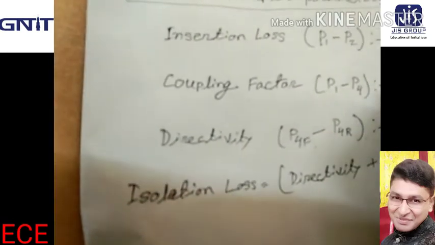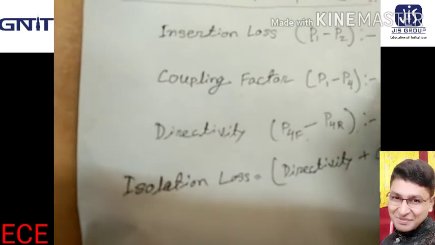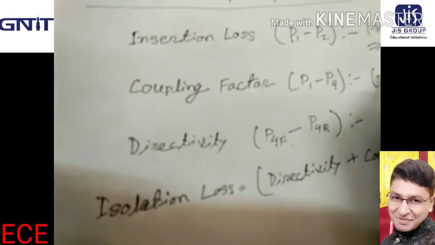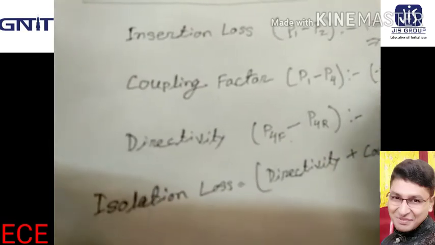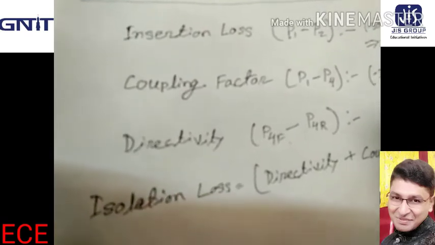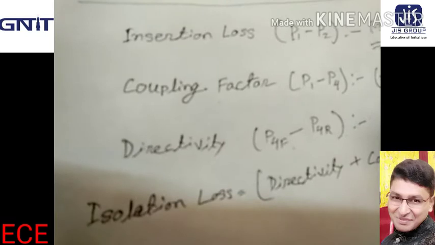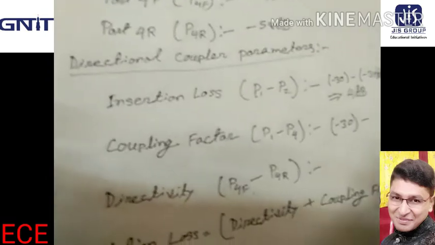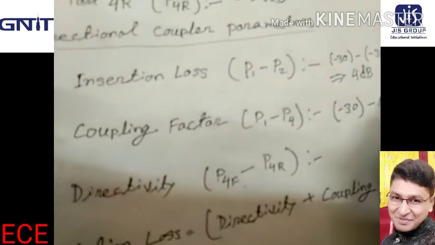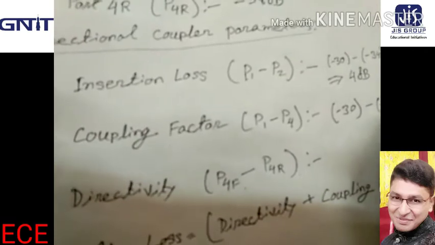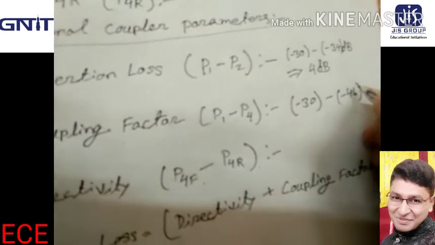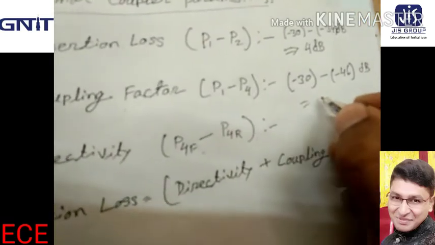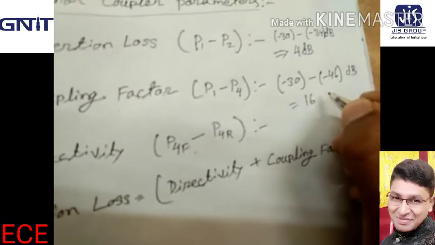Insertion loss is 4 dB. Then coupling factor, P1 minus P4. P1 is minus 30, P4 in forward direction is minus 46 dB. So minus 30 minus of minus 46 is equal to 16 dB.